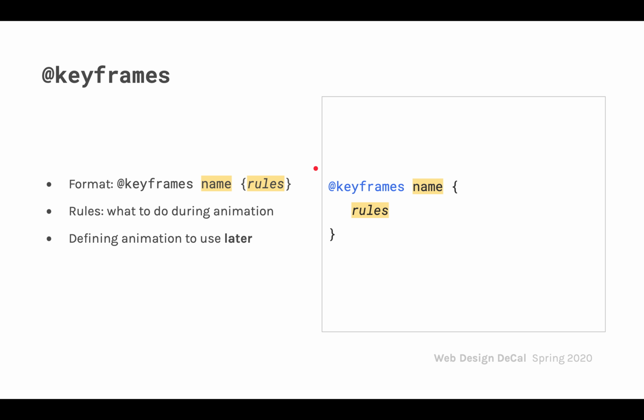Even if we define the rules and the name, it won't be applied to any of the elements until we say it explicitly in the element selector, and I'll show you how to do that later. So just remember, this is the structure: @keyframes and then whatever name you want.